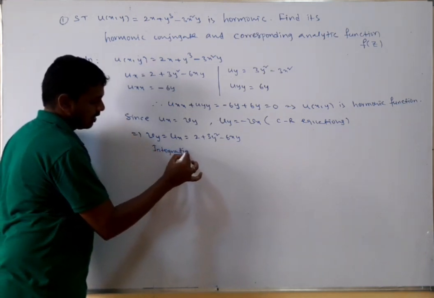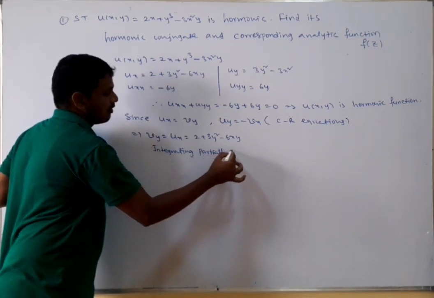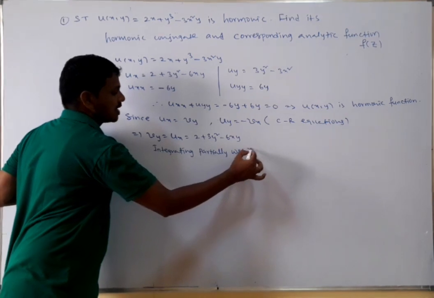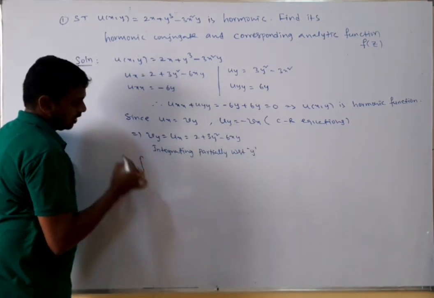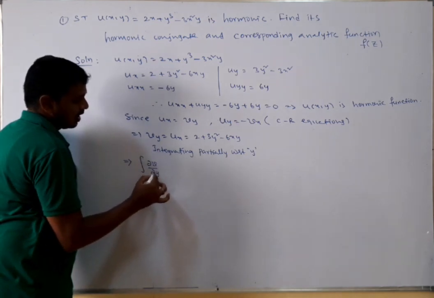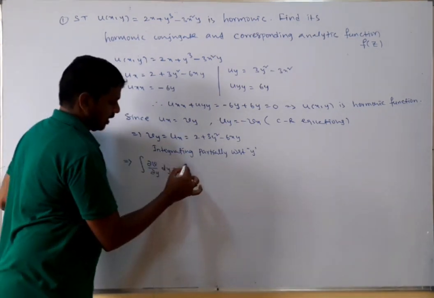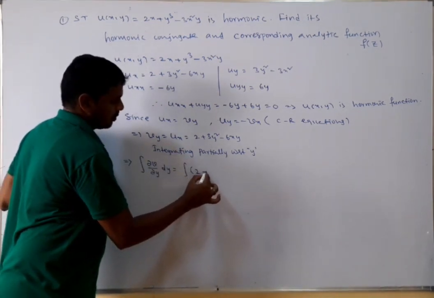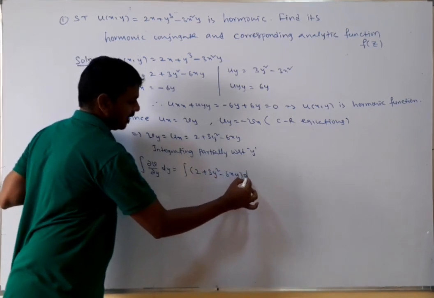Integrating partially with respect to y on both sides, we have the integral of dou v by dou y dy is equal to the integral of 2 plus 3y square minus 6xy dy.